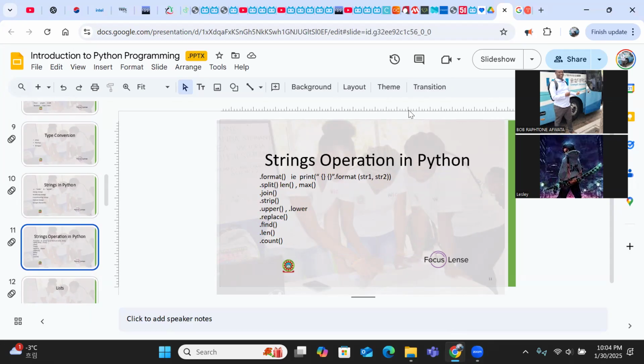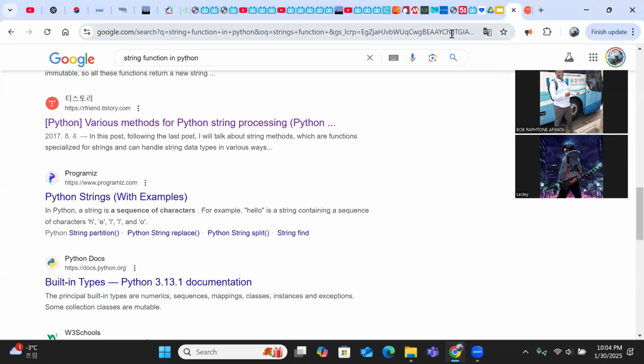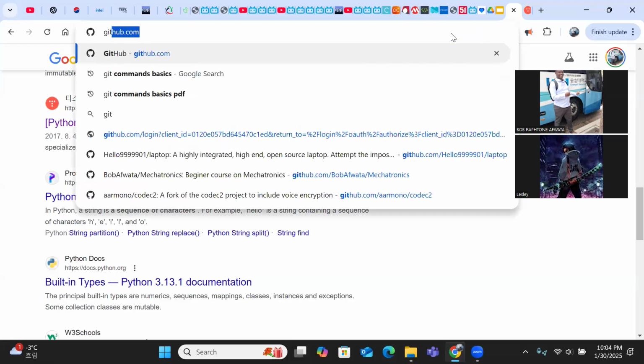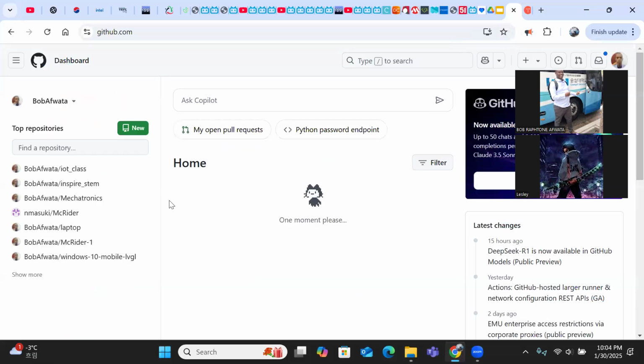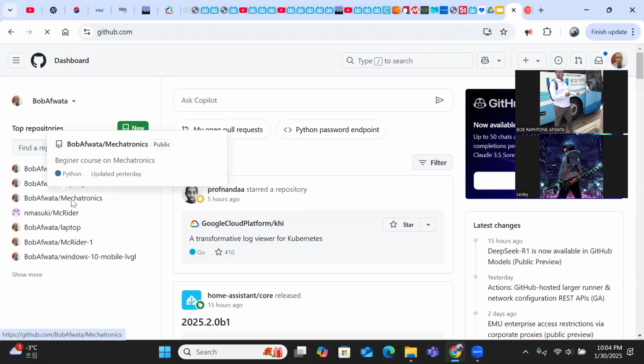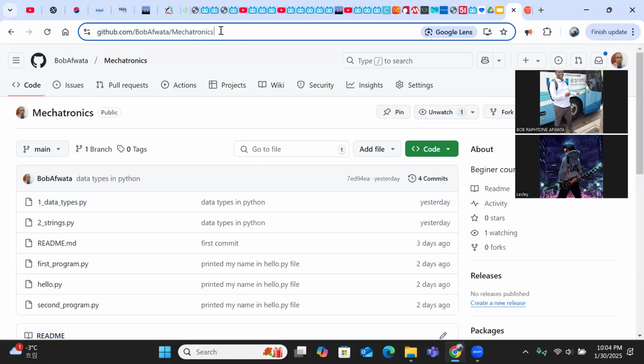So you go to github.com. Can you see my screen? Yes. Github.com. Then you go to mechatronics. Then you copy the link on top there.